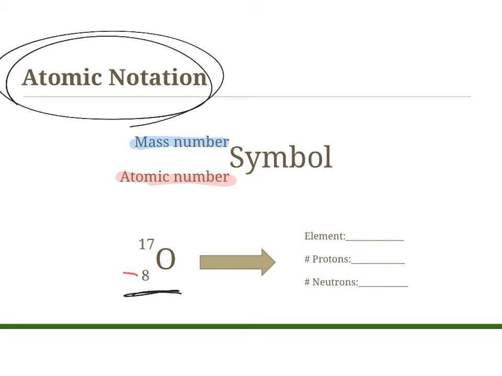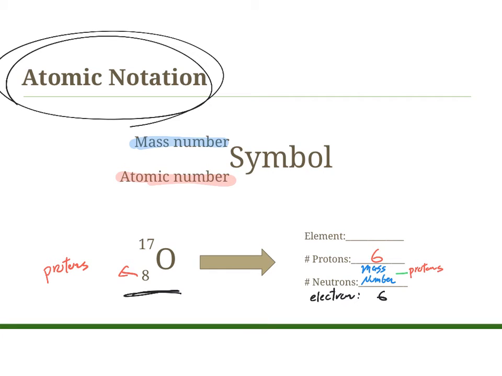Well, the atomic number still tells me protons, so that gives me 6 protons, which will also give me 6 electrons. In order for me to figure out my number of neutrons, I will take mass number minus protons.